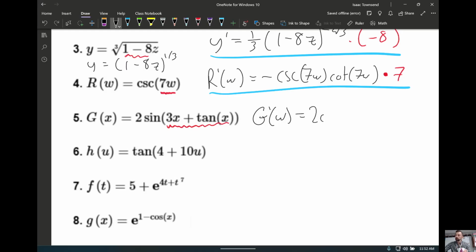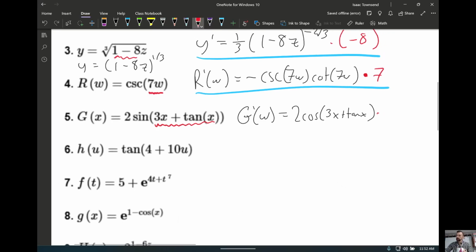So that would be 2 cosine of the something. Again, I'm saying something now instead of x so that we can apply it to other things. And you have to come back and not forget to multiply by the derivative of the inside, which would be 3 plus secant squared x.